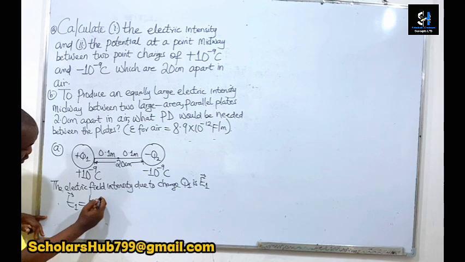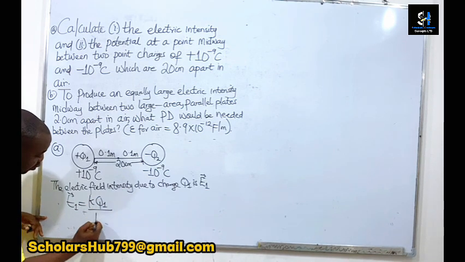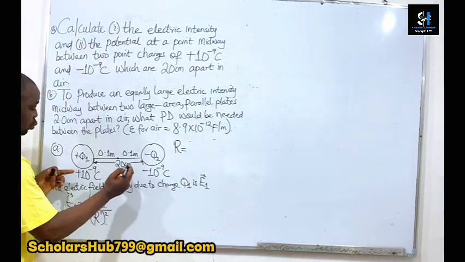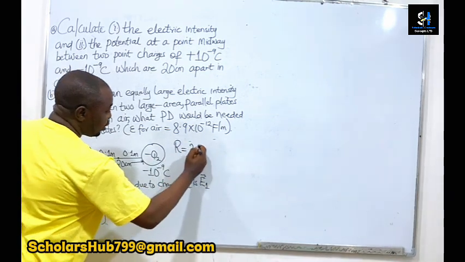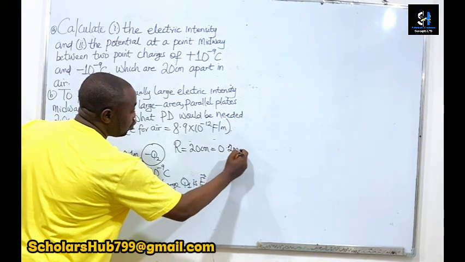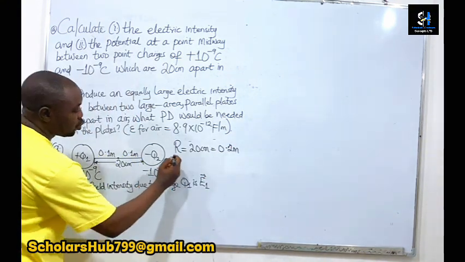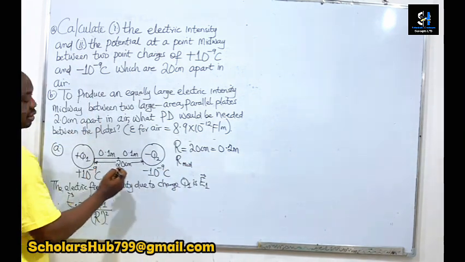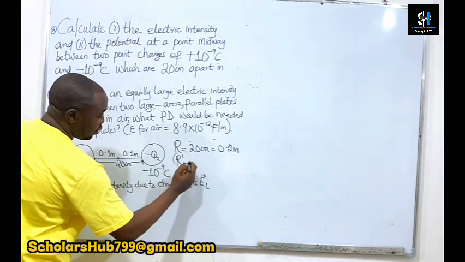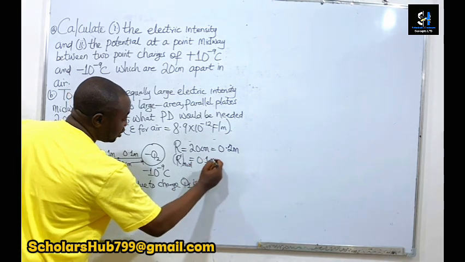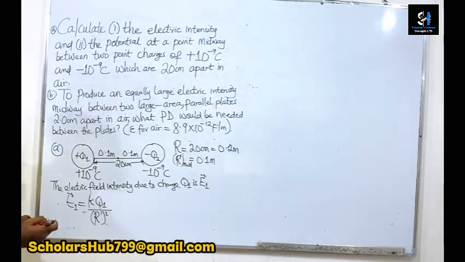We're going to make use of this formula: electric field intensity equals KQ1 over R prime squared. Let's note this. The distance of separation between the two point charges is 20 centimeters, which is 0.2 in meters. So the distance to the midpoint, R prime, will be 0.1 meters, which is half of 0.2.